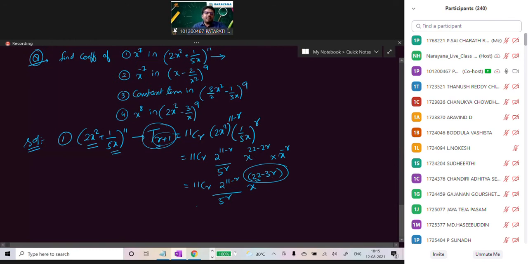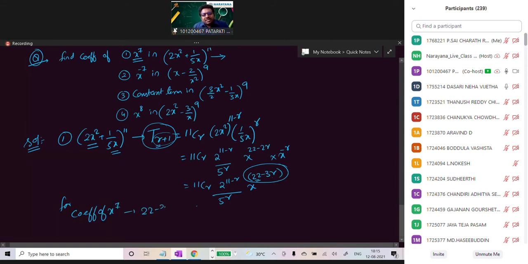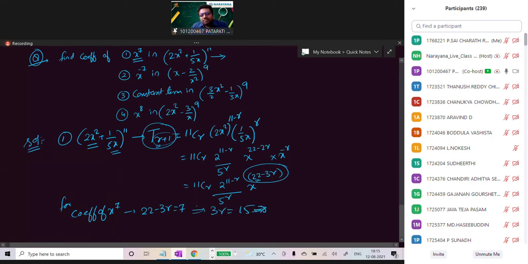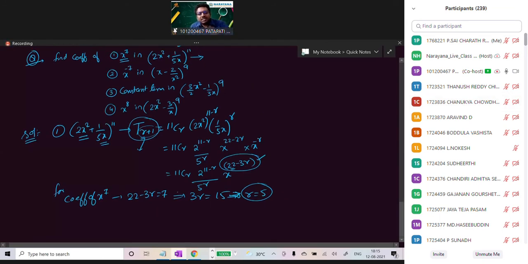Now, what is the coefficient of x^7? 22 minus 3r equals 7, so 3r should be equal to 15, r should be equal to 5. When r is equal to 5, the power of x will be 7, right?